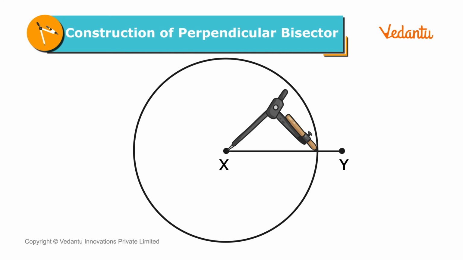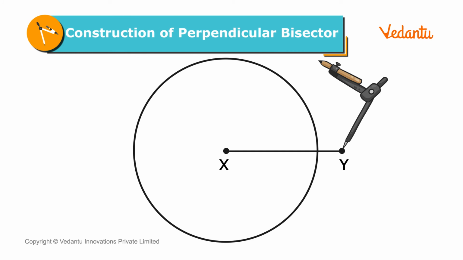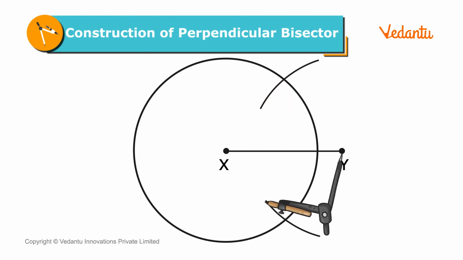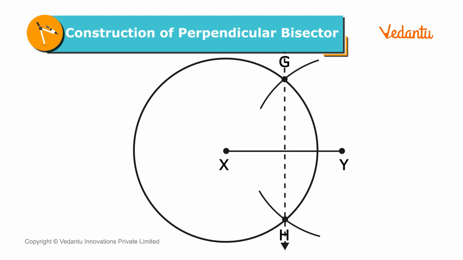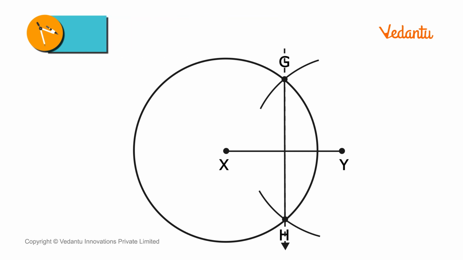Keeping the radius of the compass the same as before, we place the compass needle at Y. Now, we draw two arcs that cut the previous circle and name these two new points of intersection as G and H. Step 4. We join G and H. This line segment GH is the perpendicular bisector to the line XY.